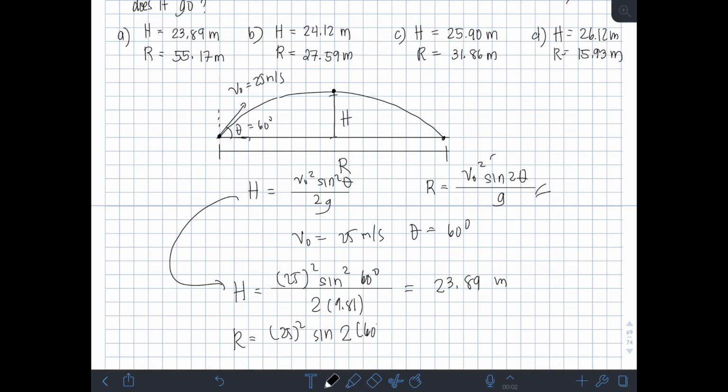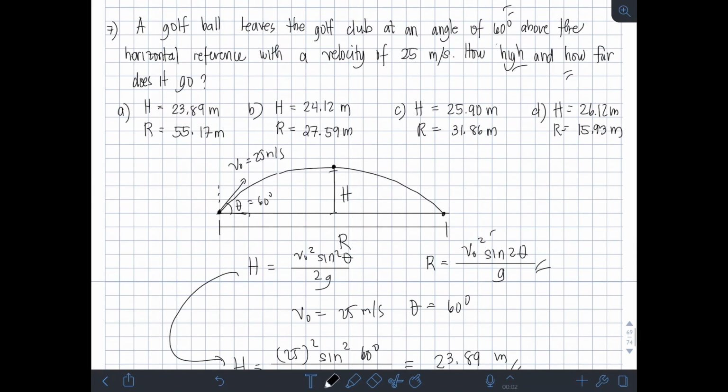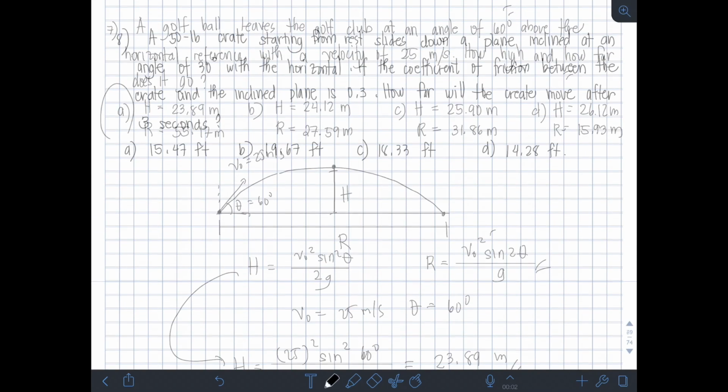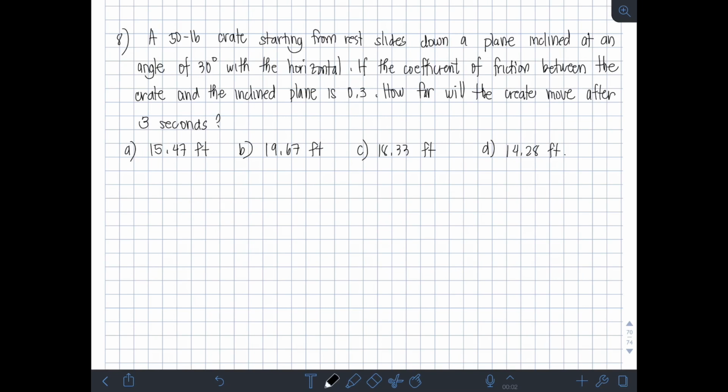So, theta is 60 degree, divided by g, 9.81. So, ilan yan? 55.17 meter. So, therefore, the answer is H, 23.89 meter, and the range R is 55.17 meter. Letter A. Okay?